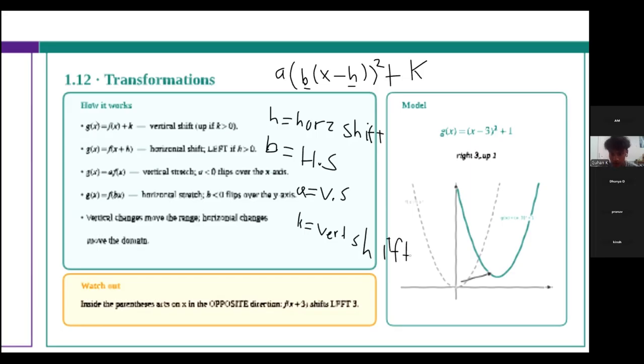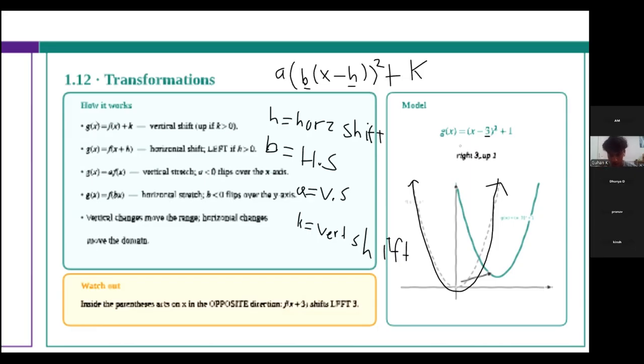X minus 3 squared plus 1. So the original graph is this, right? On this graph, our vertex is at 0, 0, but here, x minus 3, that's our h value, right? So minus 3, normally minus seems like left, but since it's in the parentheses, we're going right.